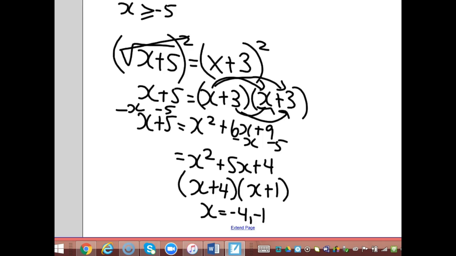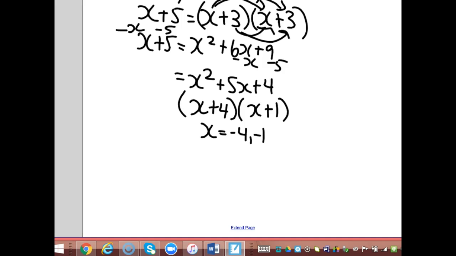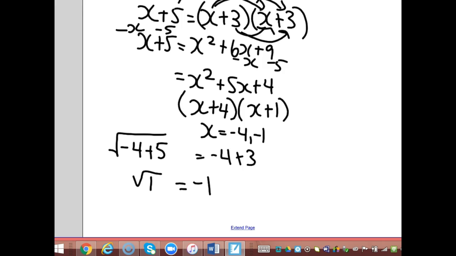And then it's important that we plug it back into the original and check and see if it works. Okay, so if I put -4 back in, I have -4 plus 5 under the root. And on the other side I had -4 plus 3, right? And so then I have root 1 is equal to -1.